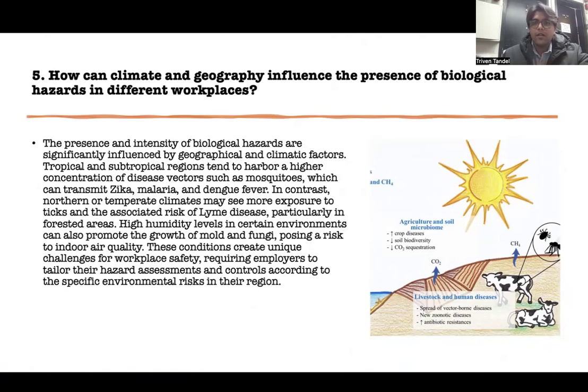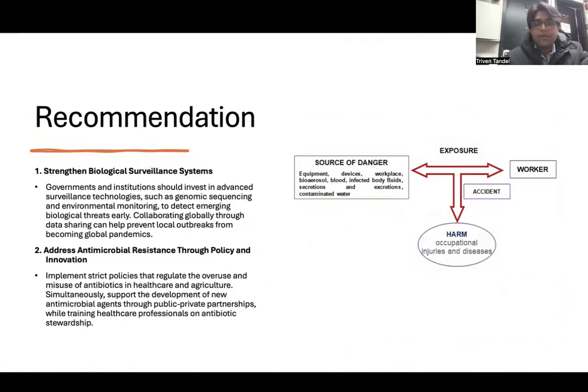Let's move to our recommendations. The first is to strengthen the biological surveillance system, which, as I mentioned before, is very helpful throughout the whole pandemic period.